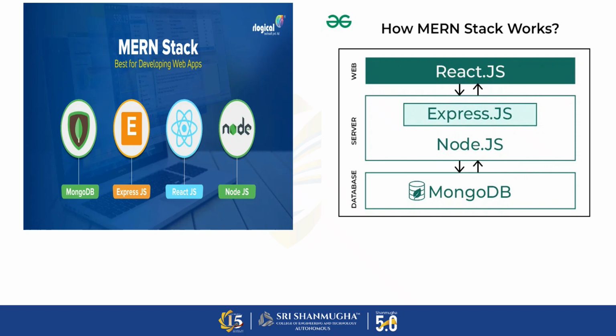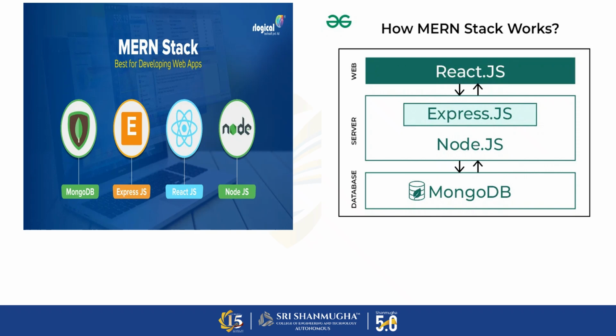So this is basically what the MERN stack is. This stack is the best for developing web applications right now. So the MERN stack has these frameworks called MongoDB, ExpressJS, ReactJS, and Node.js. So this is how a MERN stack works.